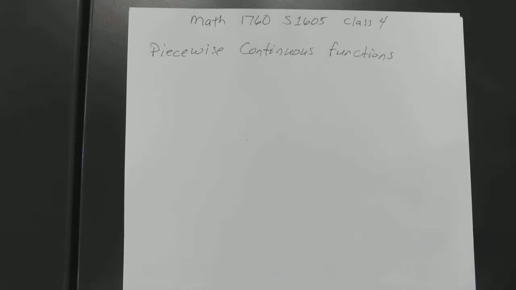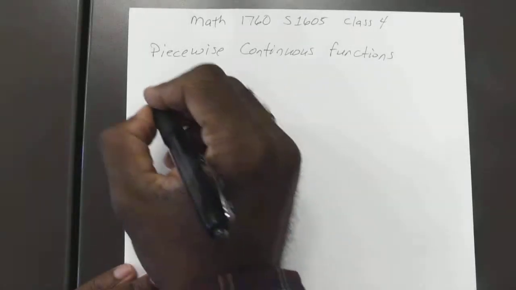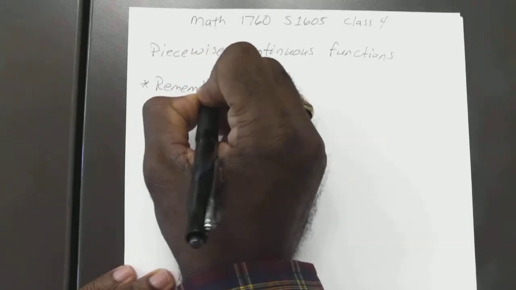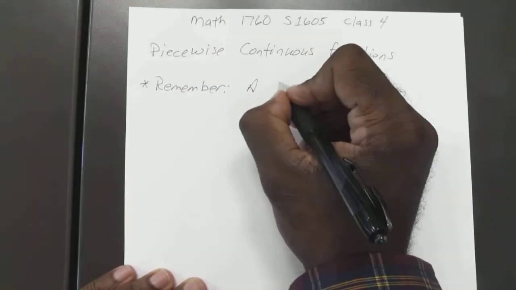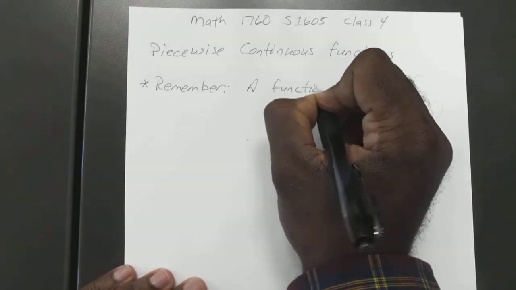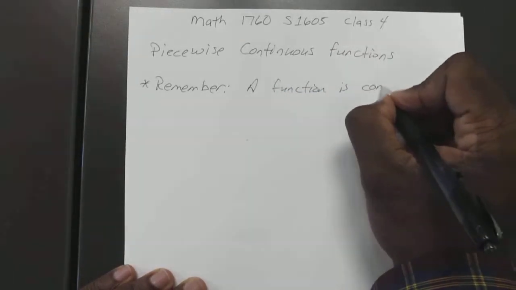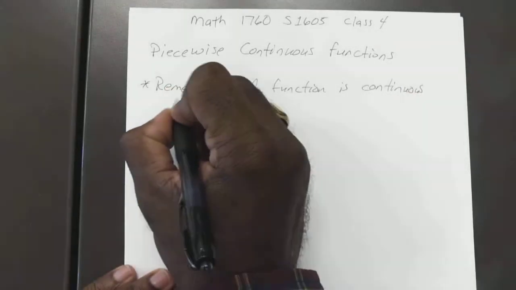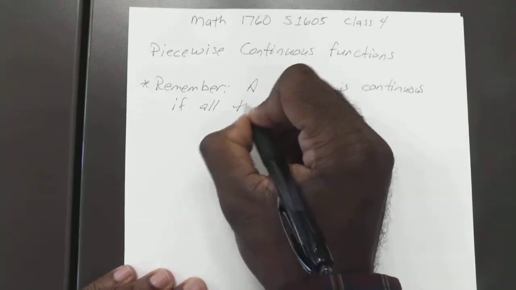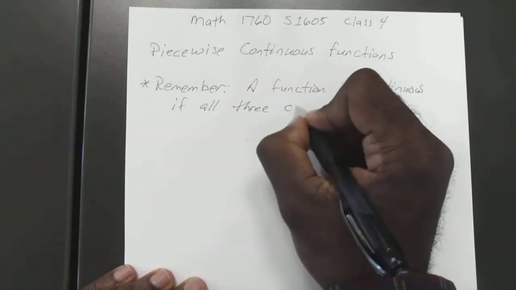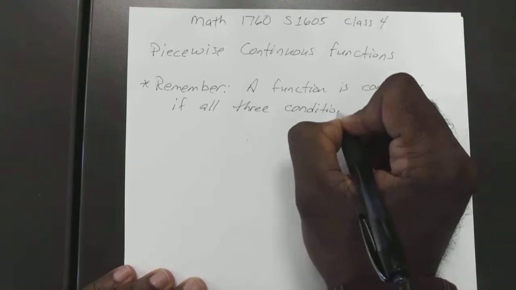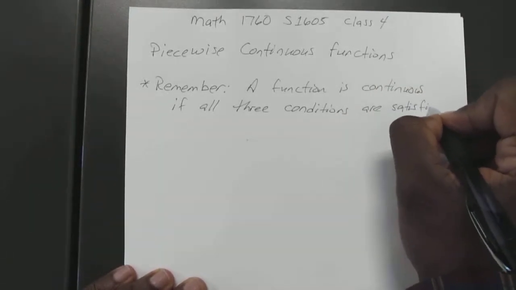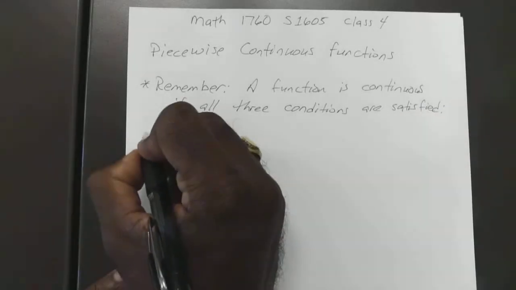So we know, for a regular function to be continuous, all three conditions must be satisfied.